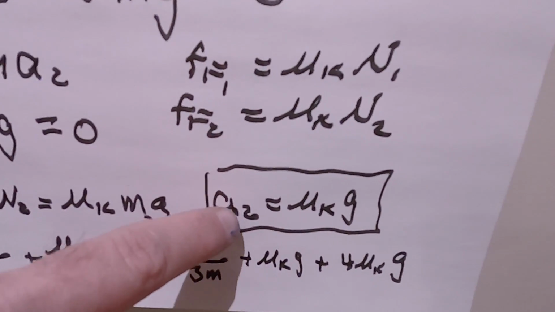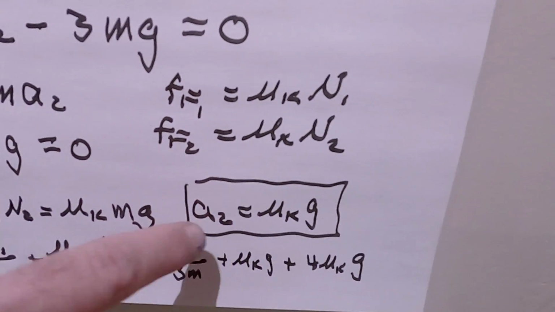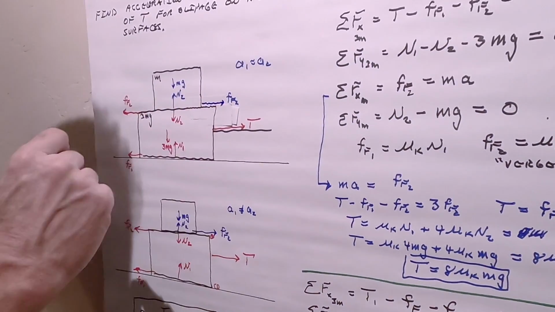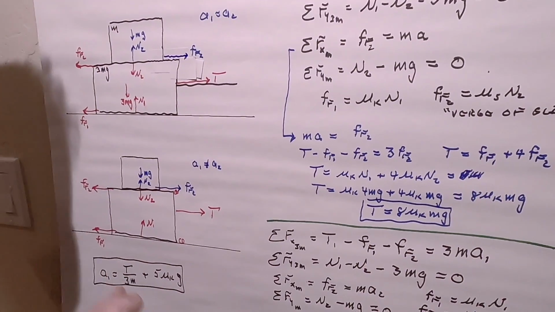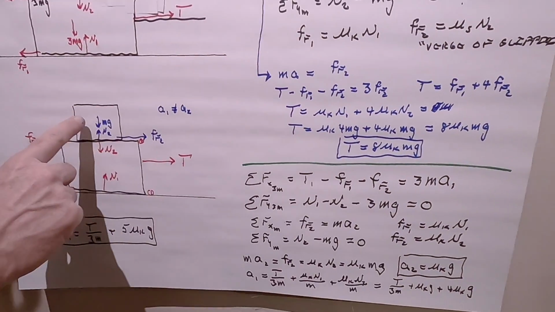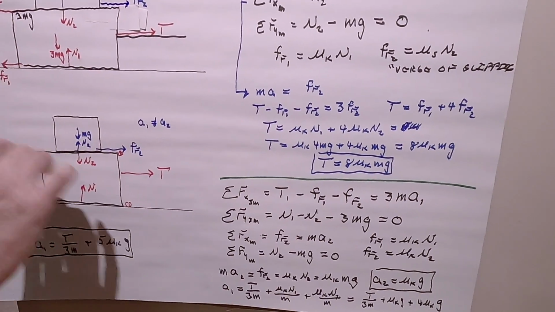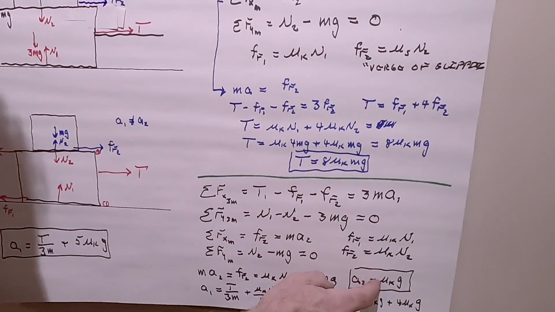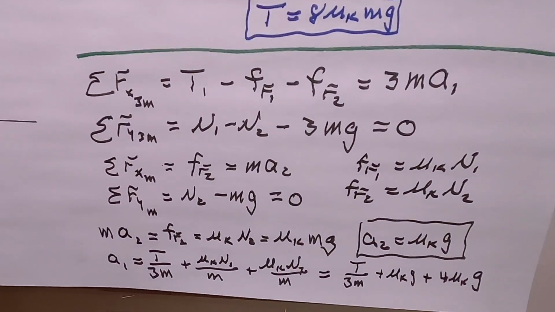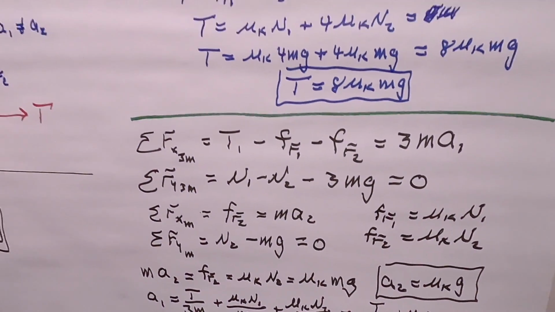So it looks like this has nothing to do with the tension. Once you got slipping on both, an infinite amount of force won't affect this acceleration. This acceleration is now fixed once it slips right here. It's just mu K g. But the bottom acceleration will depend on T.